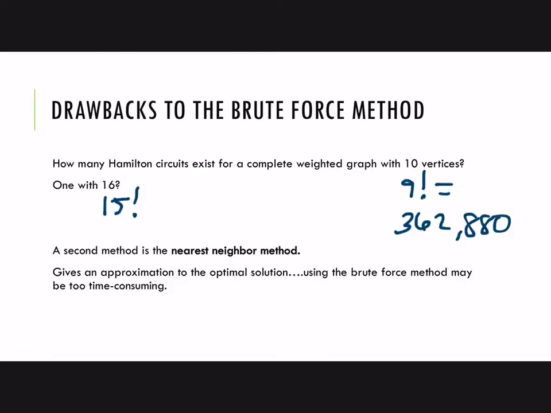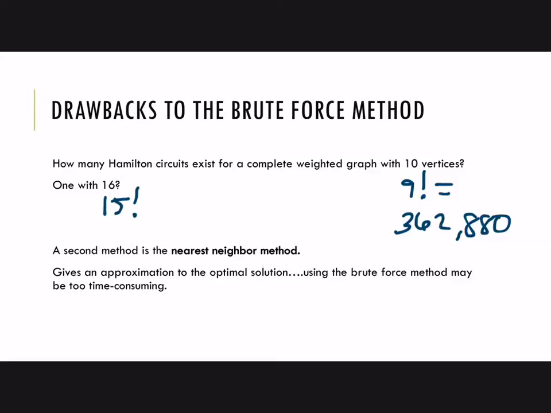So we have a couple other options. We've got the nearest neighbor method, which gives an approximation to the optimal solution. If the brute force method is too time consuming, then maybe we're okay with an approximation. You'll find that in particularly large graph theory problems, sometimes these are good approximations. We're not talking about ones that are very far off. Let's say a company has millions of dollars in the budget, and they're trying to minimize travel costs for employees.